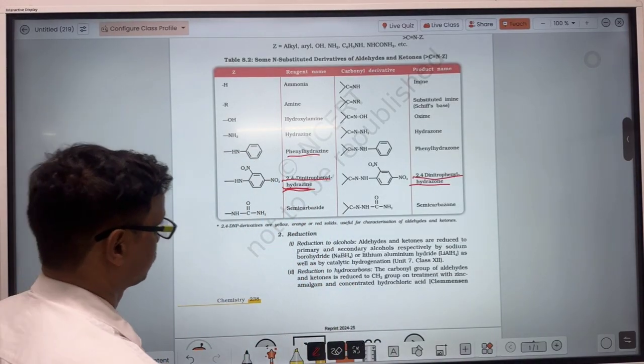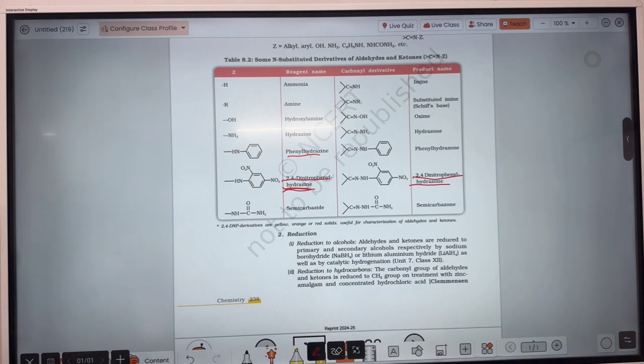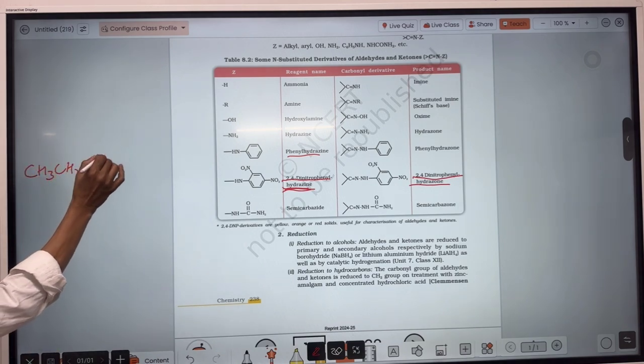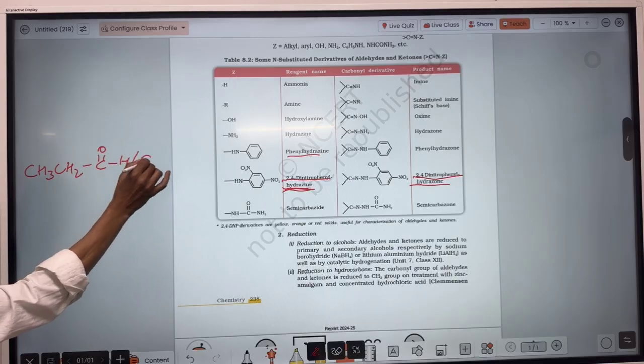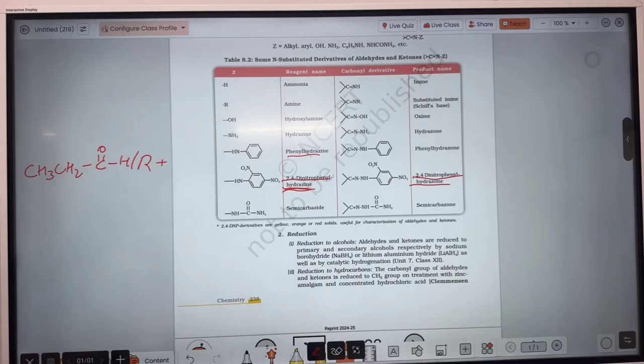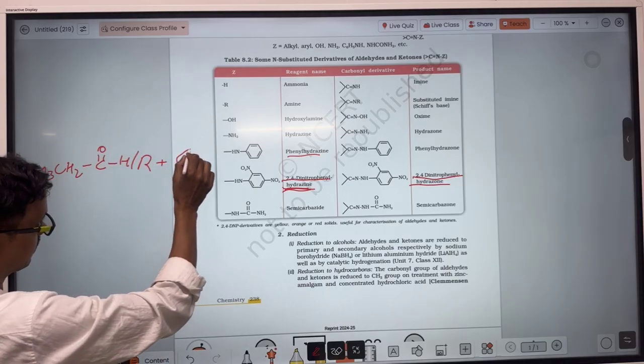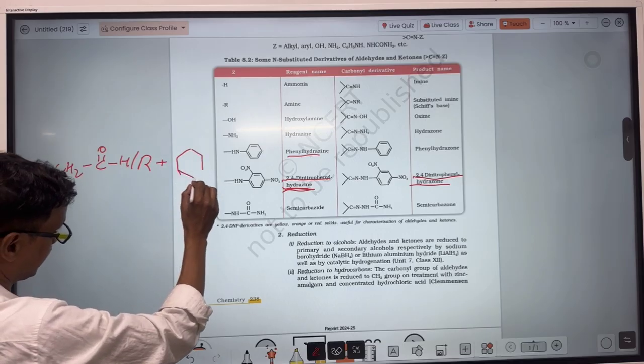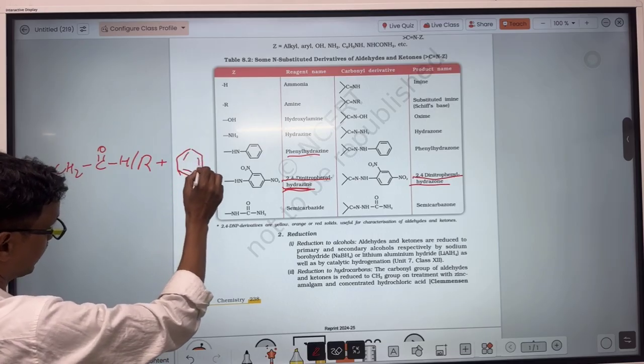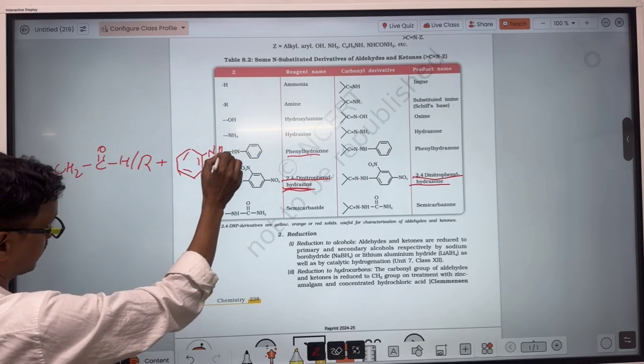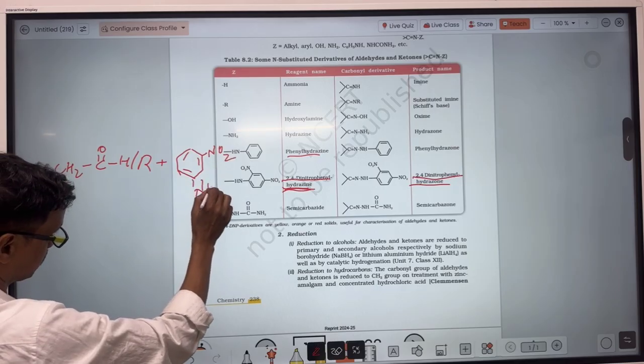It is here. The 2,4-diphenylhydrazine structure will be house-like: this aldehyde or ketone will react with 2,4-diphenylhydrazine. Here is benzene, and NO2 will be at the second position and at the fourth position.